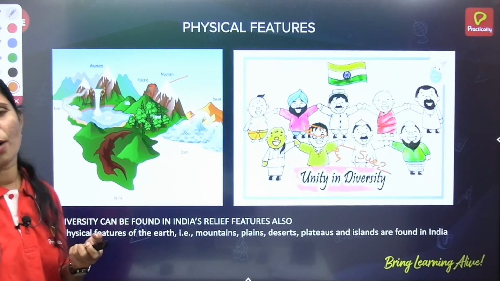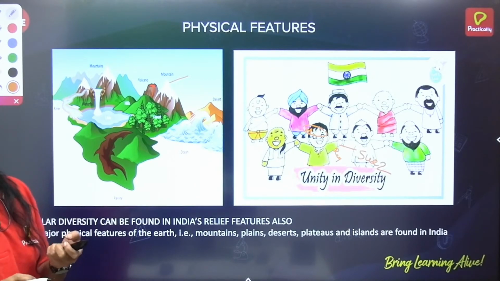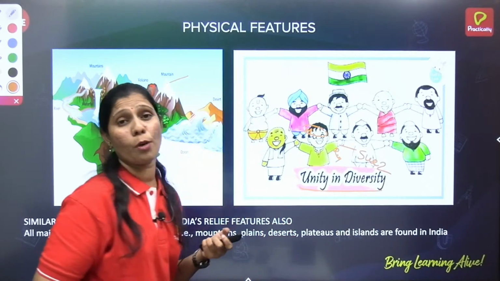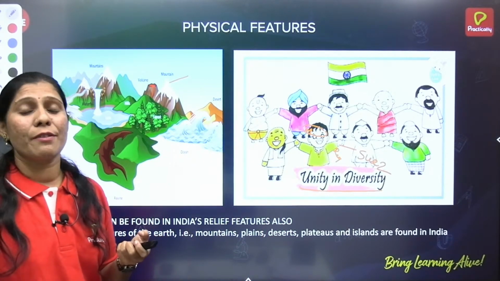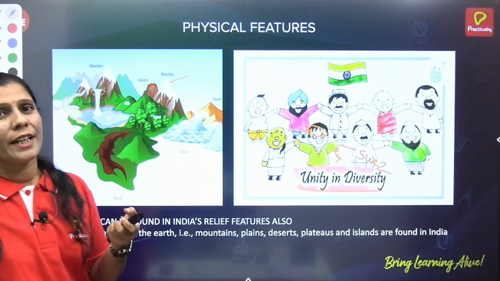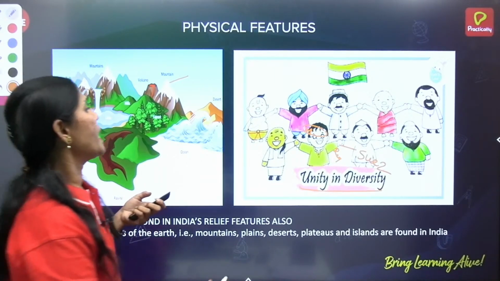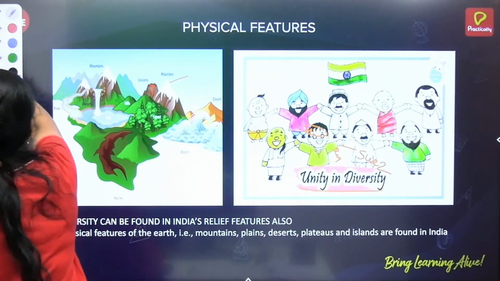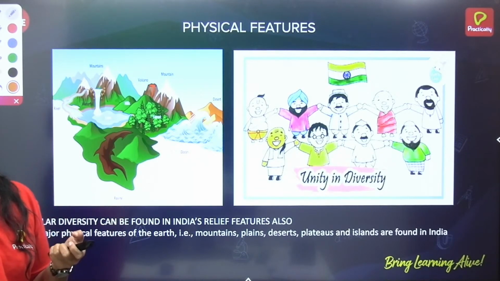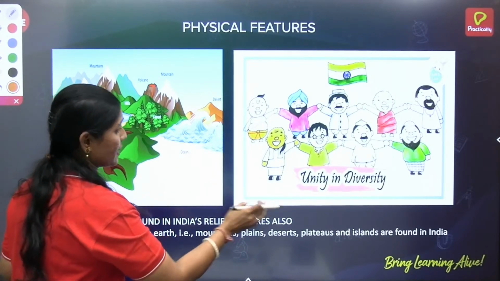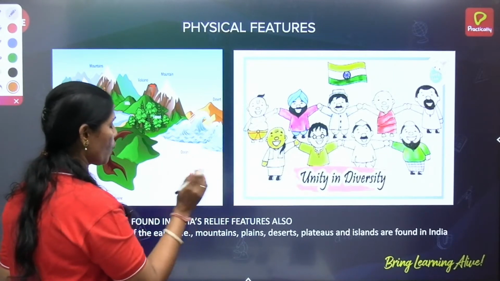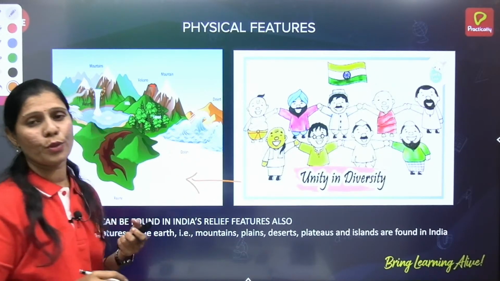Different types of landforms exist on the earth's surface, and in India we find different categories of people in the form of diversified religions, diversified landforms, people living in different lifestyles, languages, and different culture, tradition, and all. As we have this diversified culture and tradition, in the same form we find different landforms also.